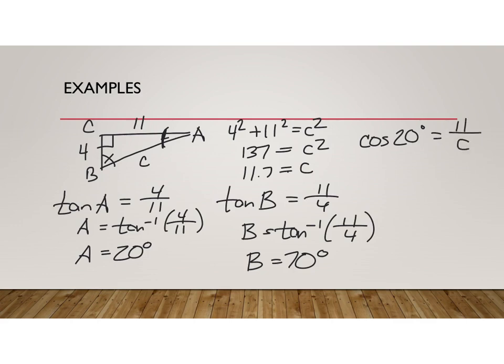That variable's in the bottom. So 11 divided by the cosine of 20 should give me that same value, about 11.7, and it does, so that checks out. So this is solving triangles using SOHCAHTOA, solving right triangles.